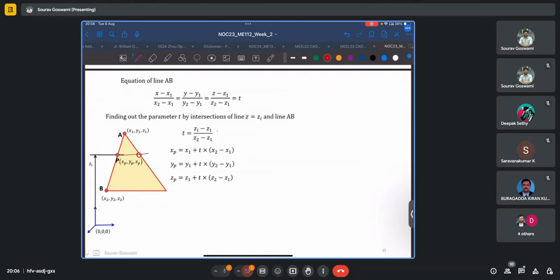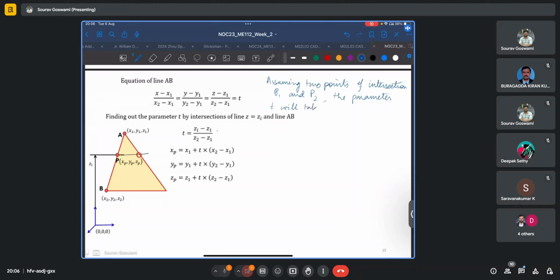Now, for each point of intersection, say P1 and P2, assuming 2 points of intersection, the parameter t will take on different values.